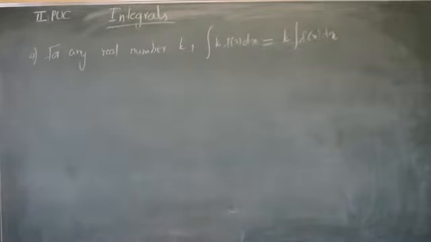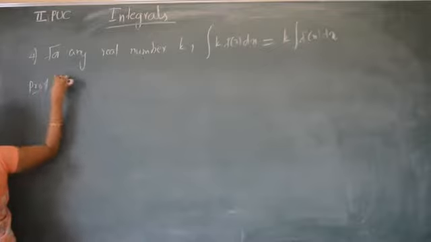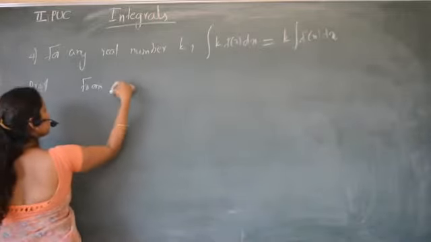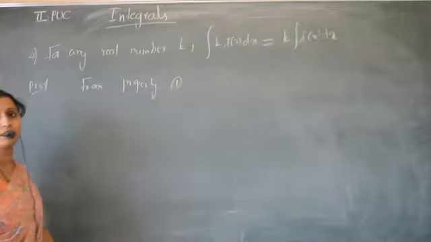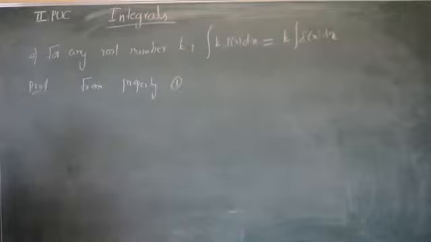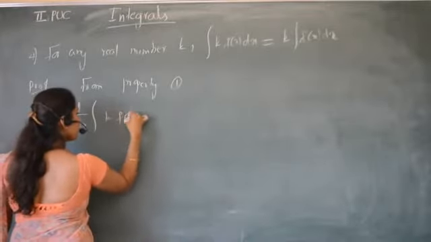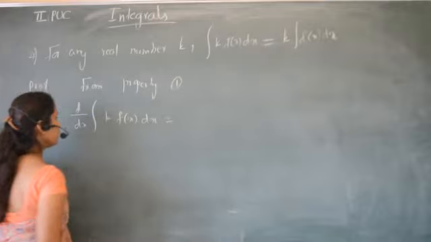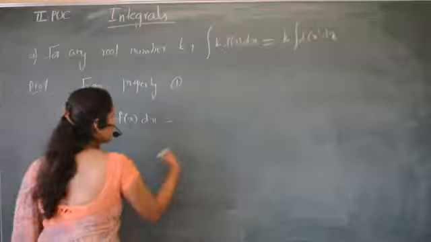So how do we prove this? We have the first property: differentiation and integration are inverse to each other. Therefore, from property 1, we can write the derivative of the integral of k times f of x dx as k times f of x.